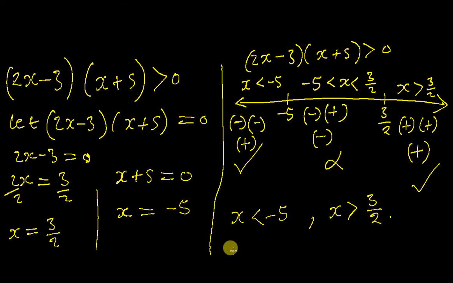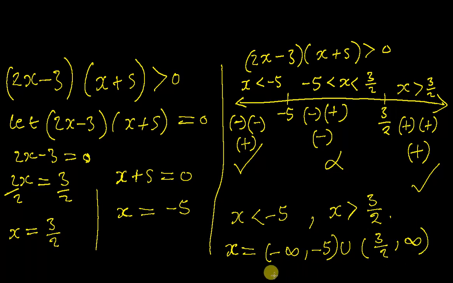You can write this in interval notation as x is in the interval from negative infinity up to -5, with -5 open because there's no equal sign there, and then we say union, open bracket 3/2 comma positive infinity. So this is what you write.